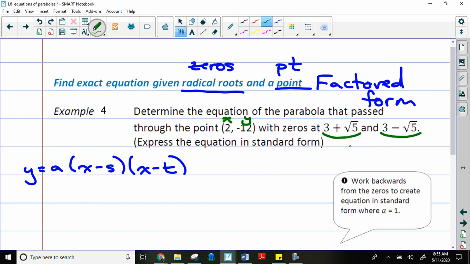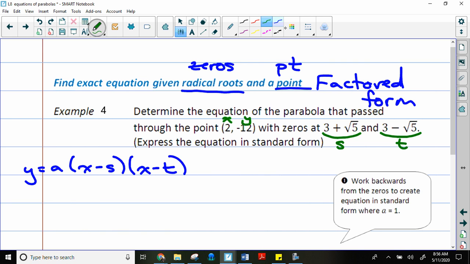So this whole thing is s, and this whole thing is t. Our steps don't really change, as far as how to solve for a, but some of our algebra gets a little bit ridiculous because these s and t values have two different pieces to them instead of when they just had one number.